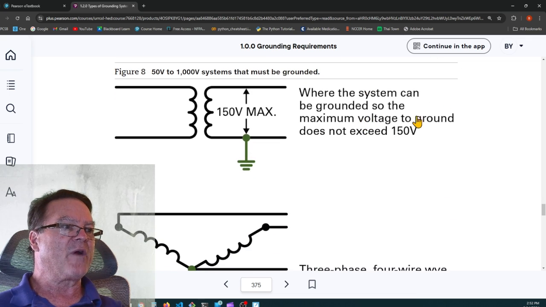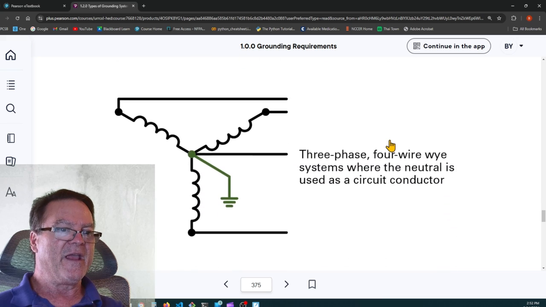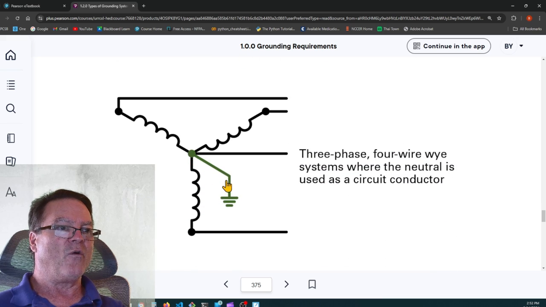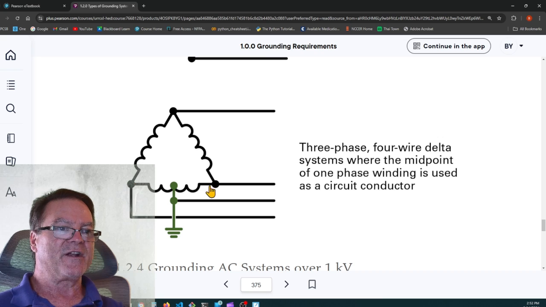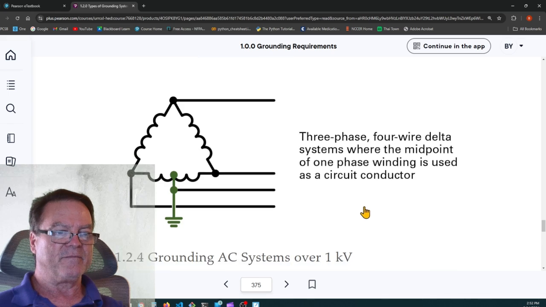So where the system can be grounded so that the maximum voltage to ground on the secondary does not exceed 150 volts, it needs to be grounded. If it's the midpoint of a Y, and it's used as the neutral, it needs to be grounded. If it's the center point of one of the phases of a three-phase delta, and it's used as a circuit conductor, then it needs to be grounded.